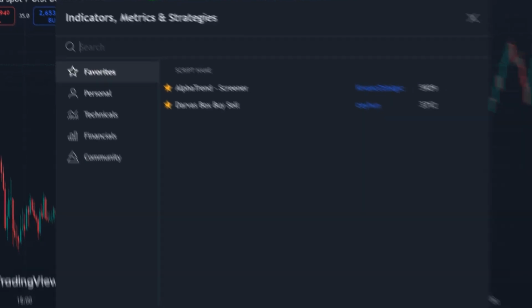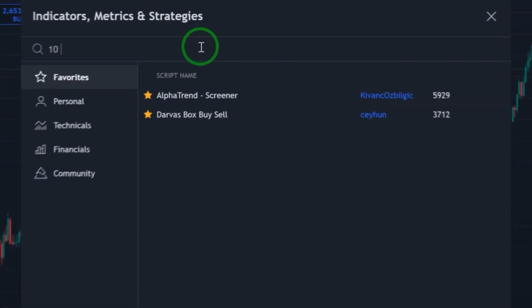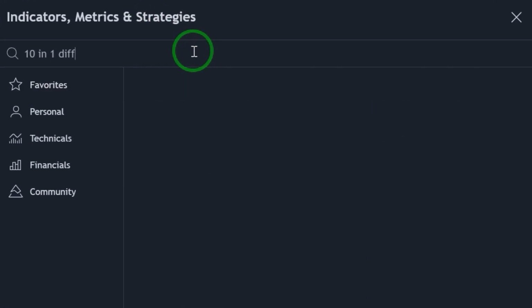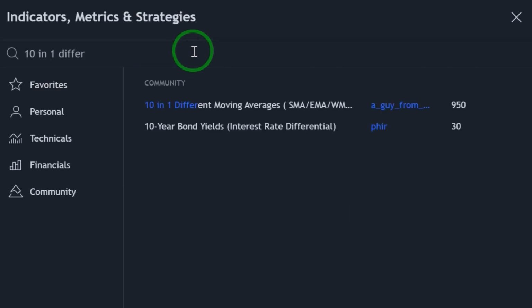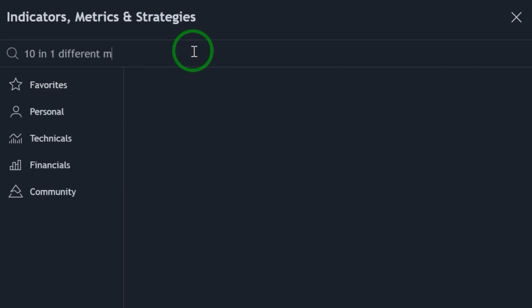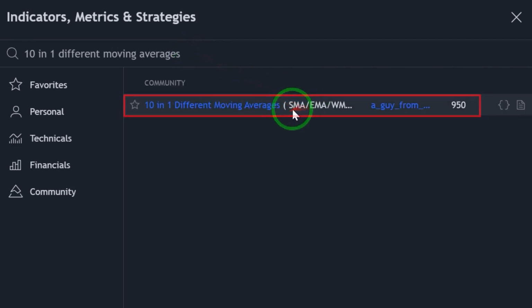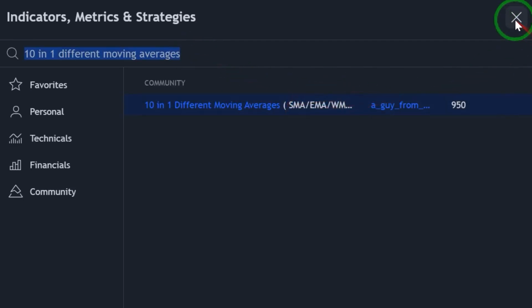Now we need to add the first indicator to the chart. For this, just search in the indicator tab, 10 and 1 different moving averages. Now select it and add it to the chart.